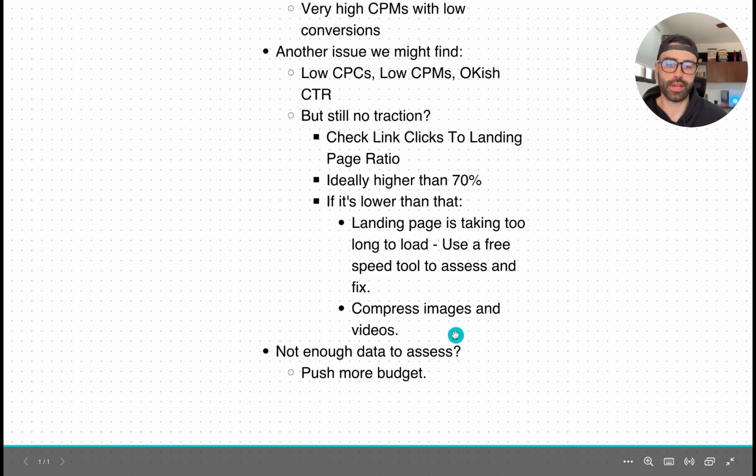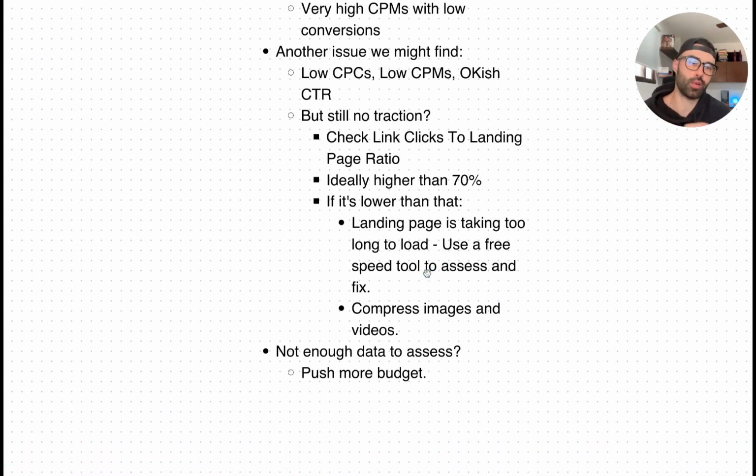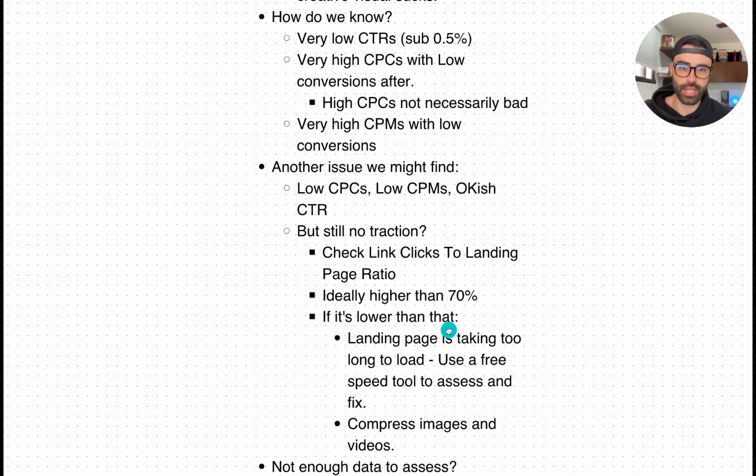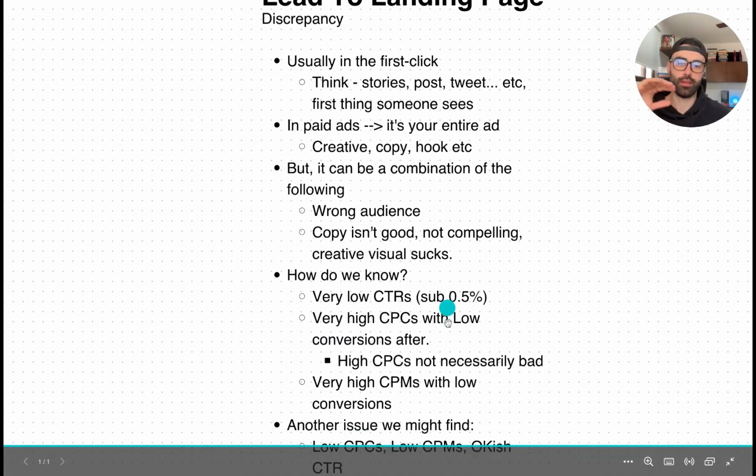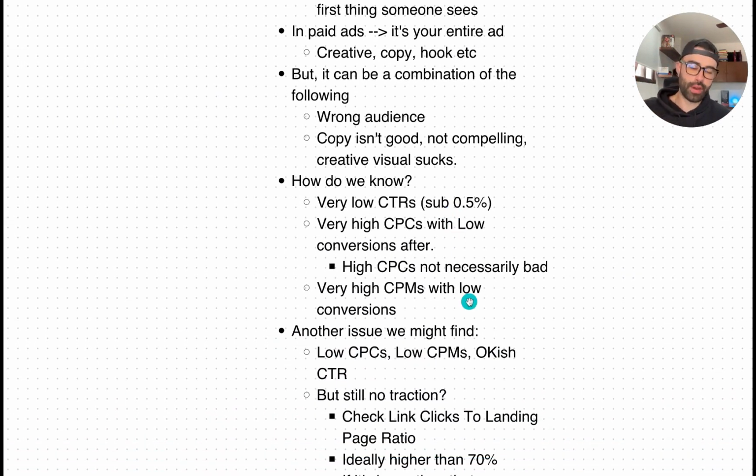And if you don't have enough data to assess this, just push more budget or send more people organically and check those numbers. So again, lead to landing page. We see these on very low CTRs, very high CPCs with low conversions, very high CPMs with low conversions. So if you see a very low CTR, change your copy, change your hook, change the creative, make sure it's better, right?